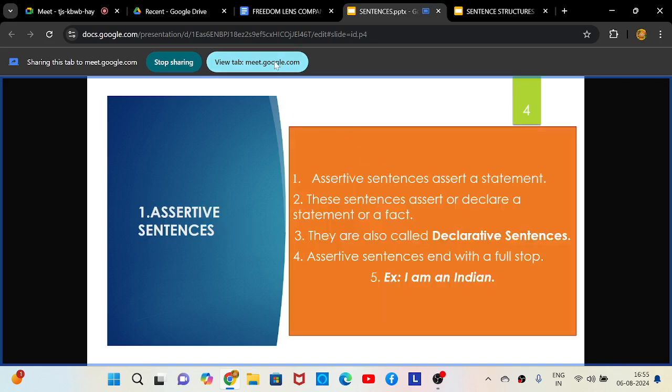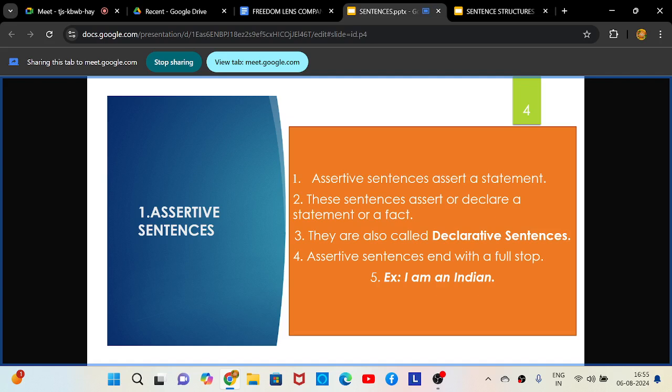Now let's check what is meant by assertive sentences. To assert something means to show something or to declare something. It can be a statement or a fact. If you are asserting a statement, it means that you are declaring a statement or a fact.